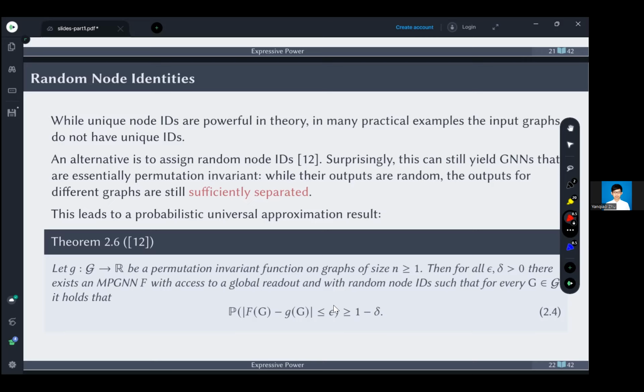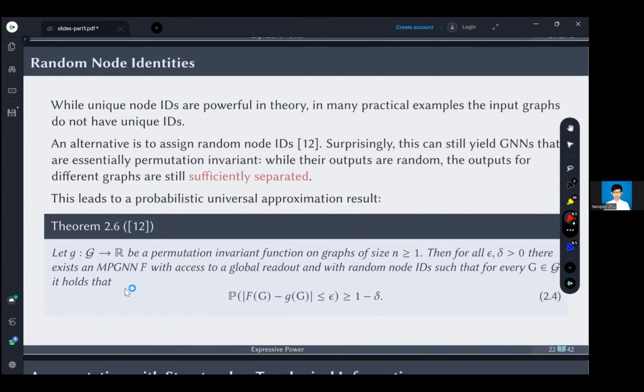It's like saying for two functions you are not sure about what they are doing, but on random variables, one is the function g, the underlying function we are going to learn, and you will have a function f that is parameterized by a graph neural network model. This is just saying that if there is a permutation invariant function, I can find an f, the neural network I want to learn, that can approximate it. Yeah, that's right.